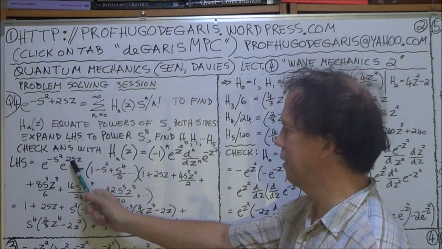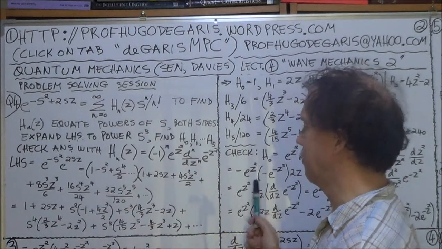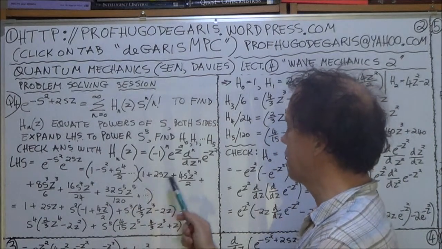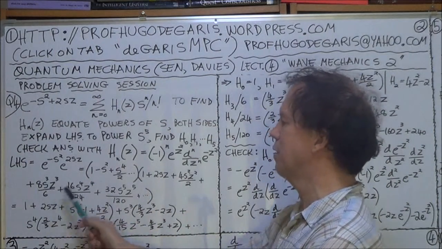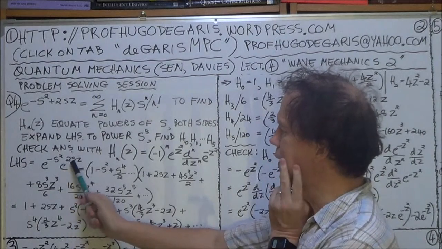It only has a single s in here, so we'll need to expand a few more terms. So it'll be 1 plus x plus x squared over 2 plus x cubed over 3 factorial. In this case, x is 2sz.